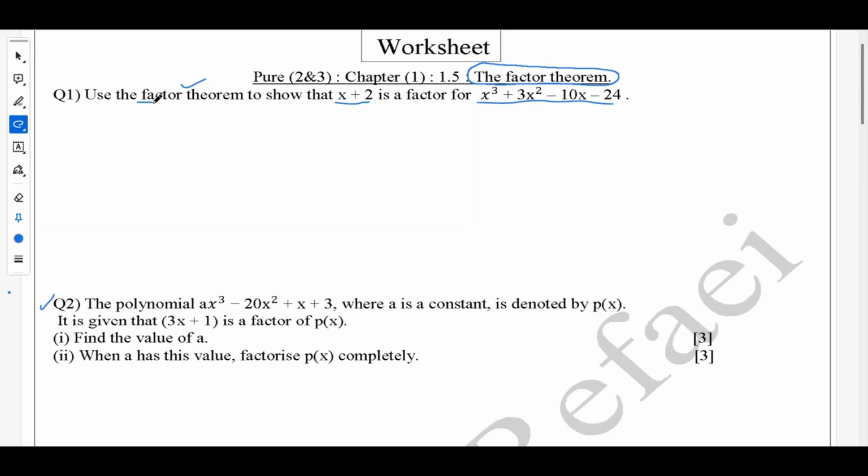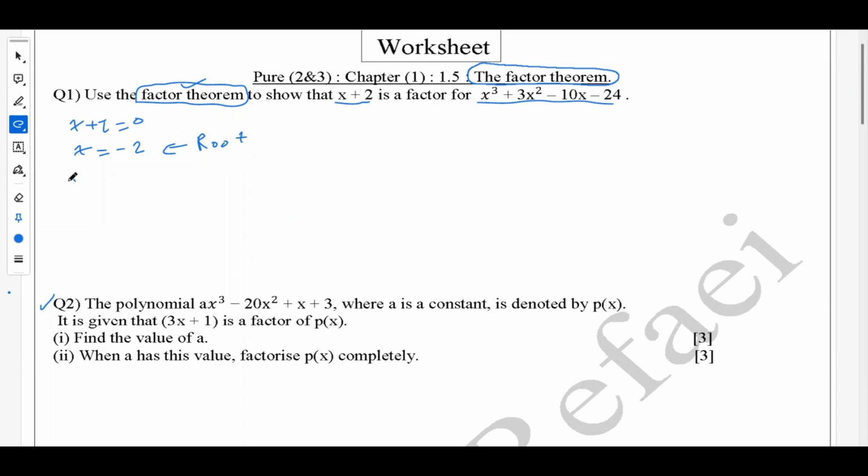This new way we call the factor theorem. How can we prove that x plus 2 is a factor? First of all, I'm going to say x plus 2 equals 0, so x equals negative 2. And this we're going to call the root.